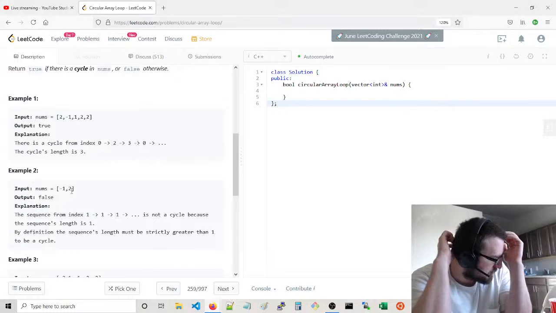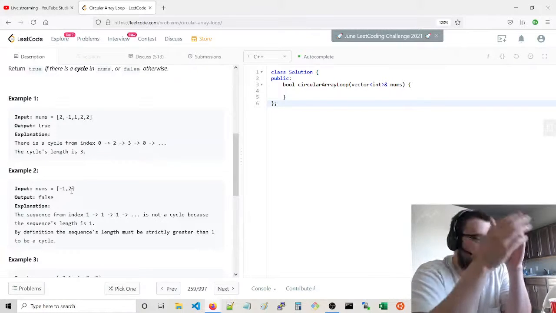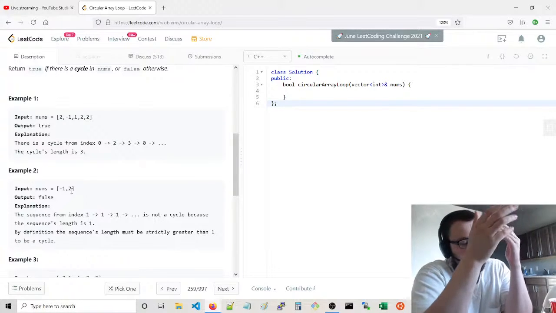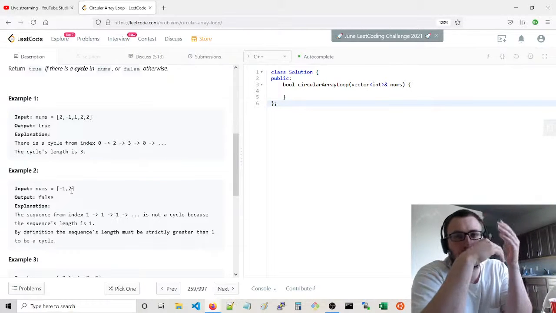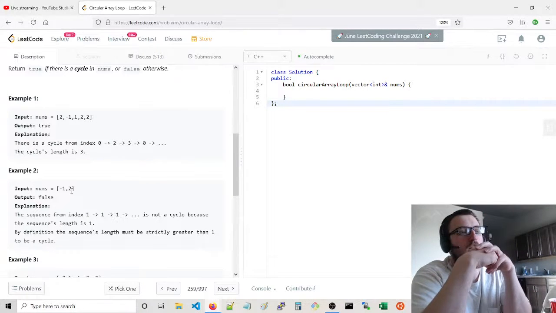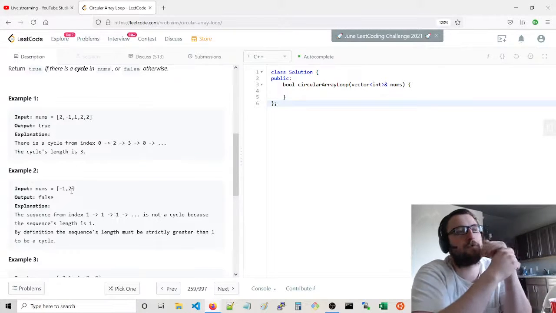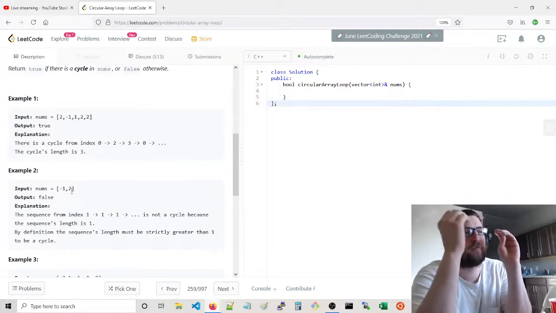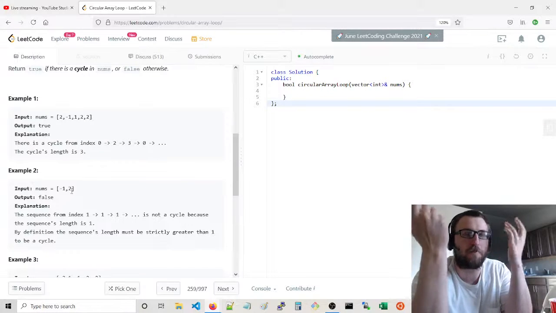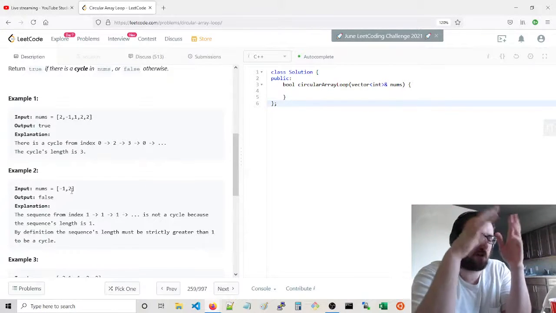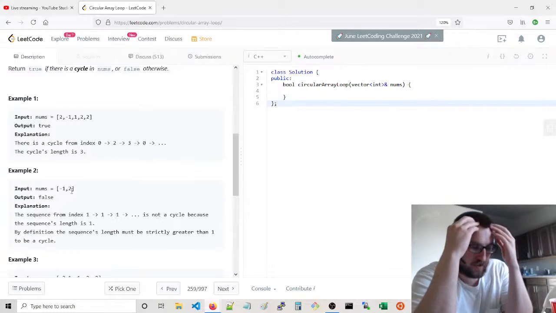If you have an index that jumps to something else that has a different parity, you can eliminate that starting index immediately. If it makes a few different jumps which ultimately end up at something that has a different parity, then you could eliminate all of those on the spot.